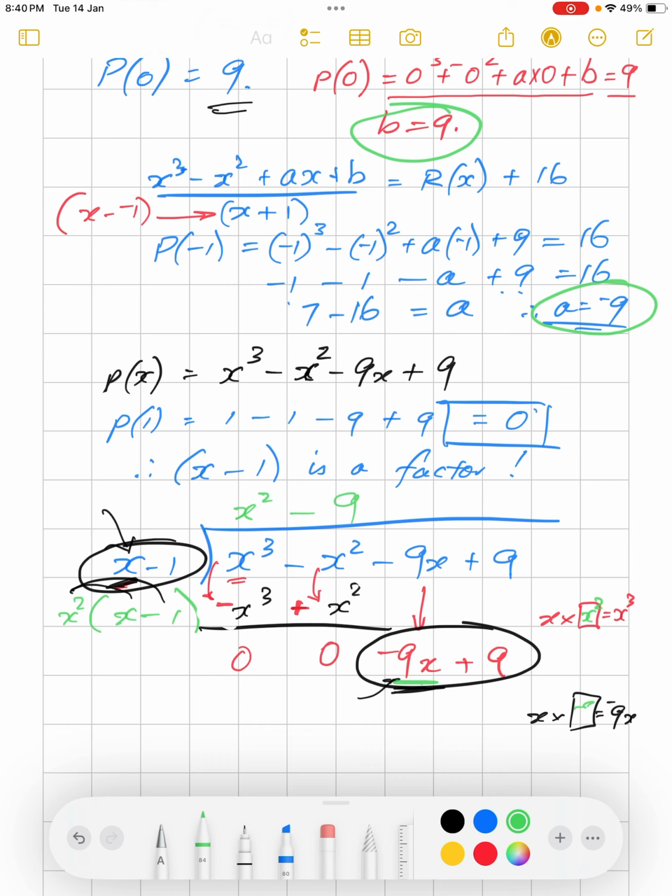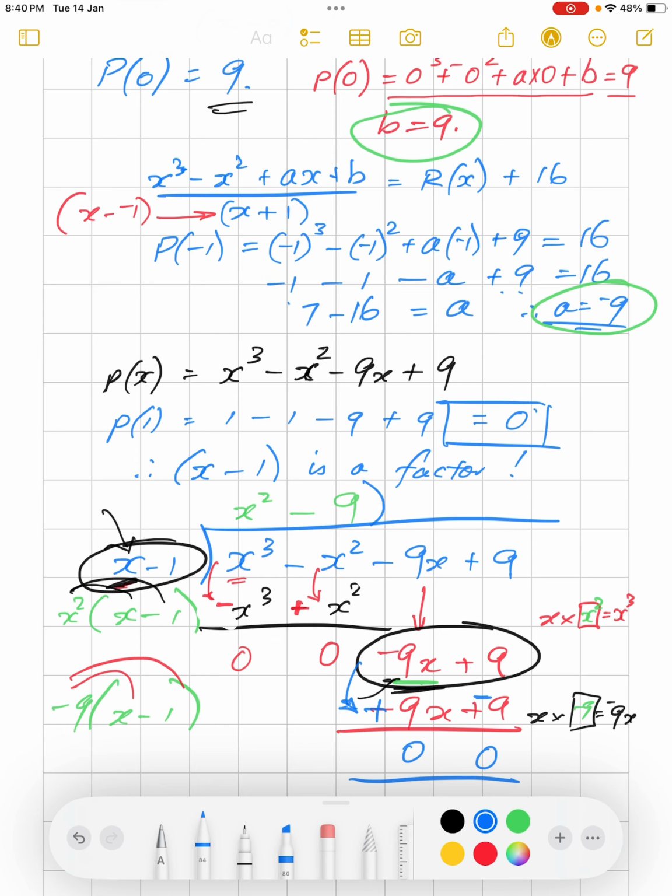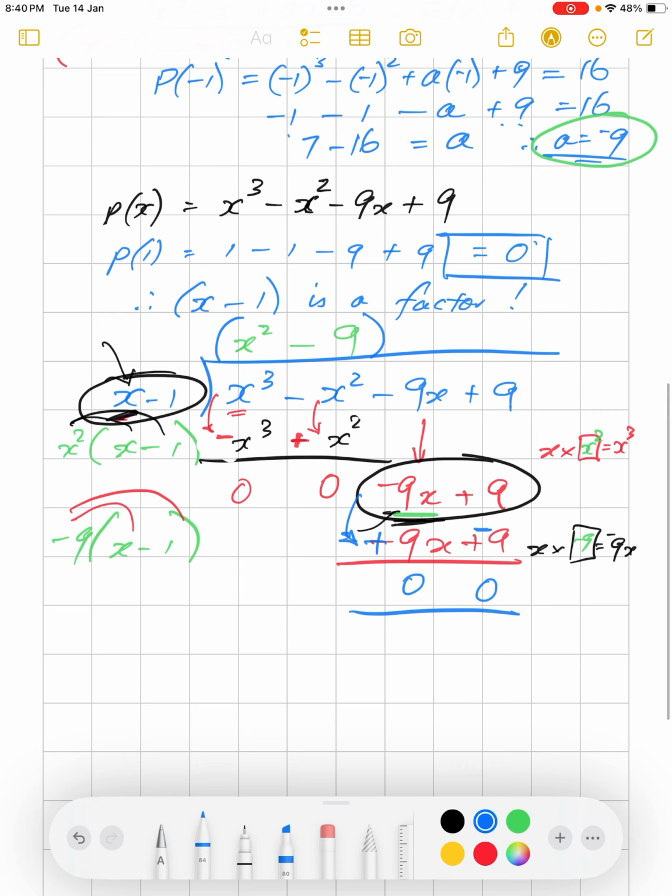So if you multiply by negative 9, that's negative 9x plus 9. And if you subtract, as I said, I like changing the signs and adding. That gives me 0, that gives me 0. Our remainder is 0.